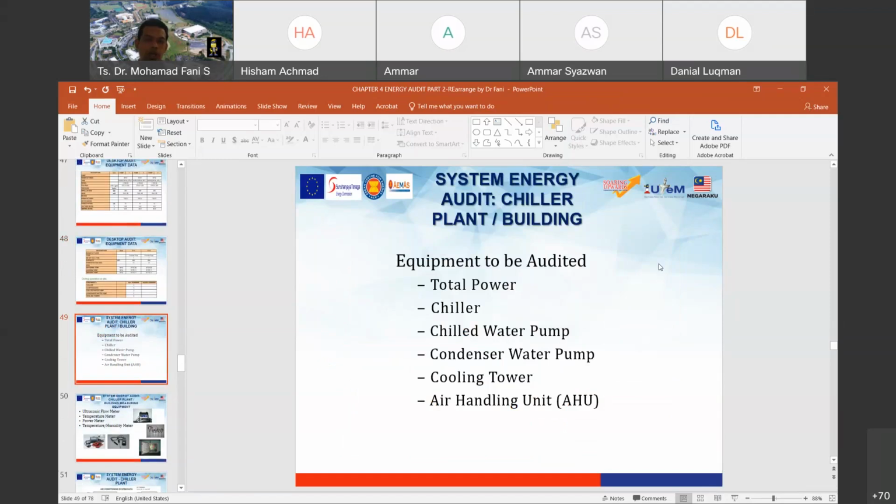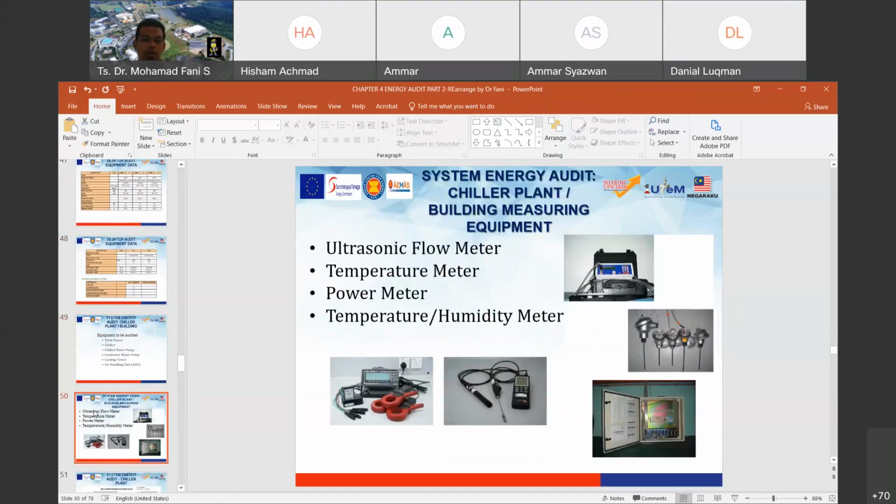Equipment to be audited for the system energy audit: total power, chilled water pump, condenser water pump, cooling tower, AHU. Okay, so what kind of measurement device do we need? Our ultrasonic flow meter, to measure the chilled water flow rate.